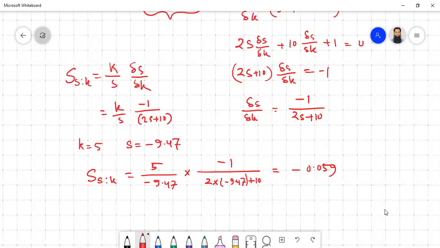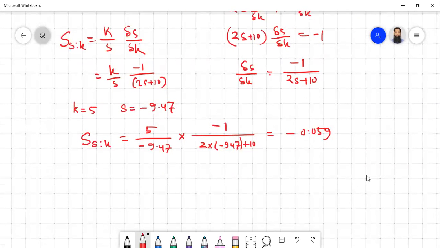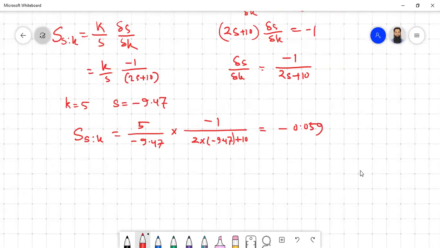Okay, this is the sensitivity. So for a small change in K, this is how our pole location will change, and correspondingly, because the pole location is related to the system behavior or performance, our system behavior will also change.